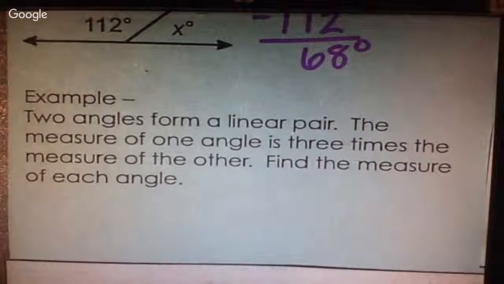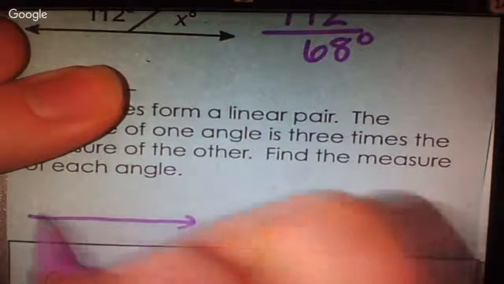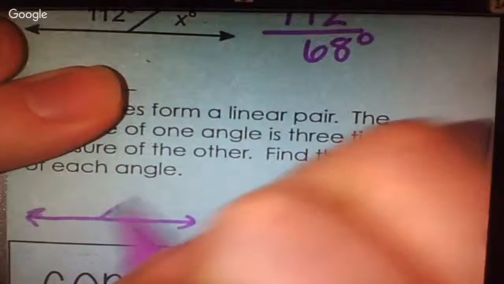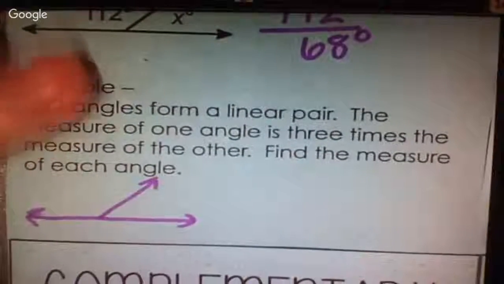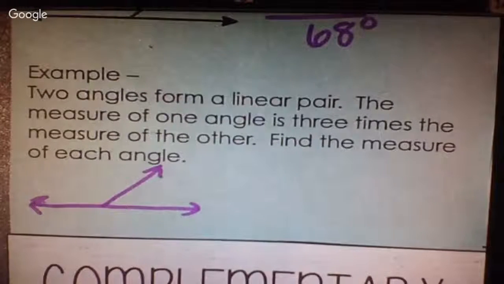Two angles form a linear pair. The measure of one angle is 3 times the measure of the other. Find the measure of each angle. Okay, so it tells you they're a linear pair. Draw yourself a picture. If they're a linear pair, they form a line. So there's my picture. One angle is 3 times the other angle.